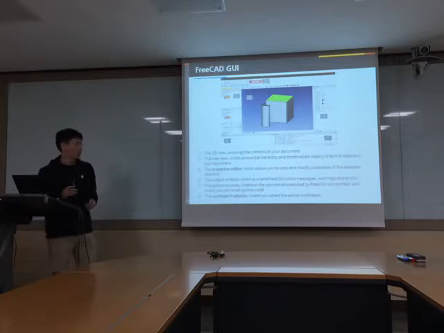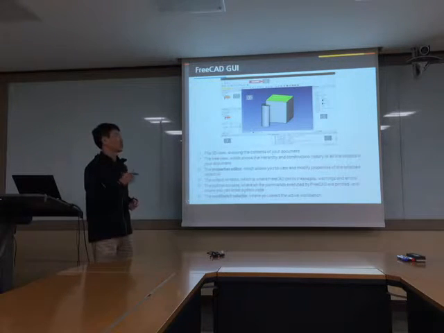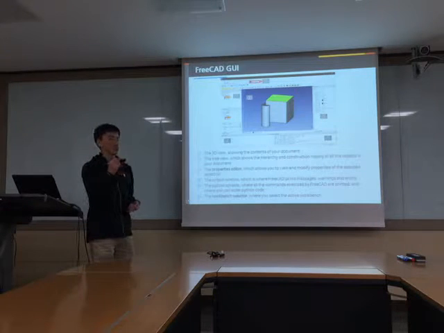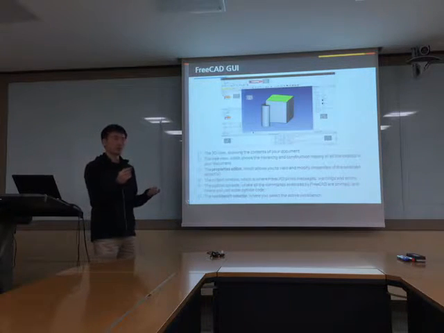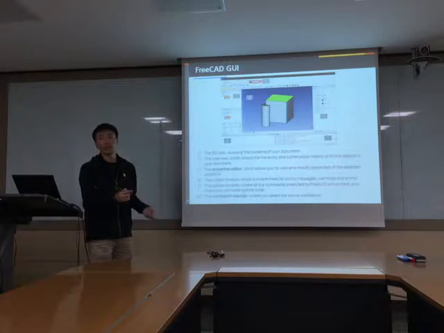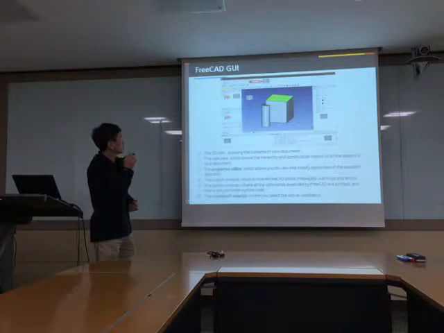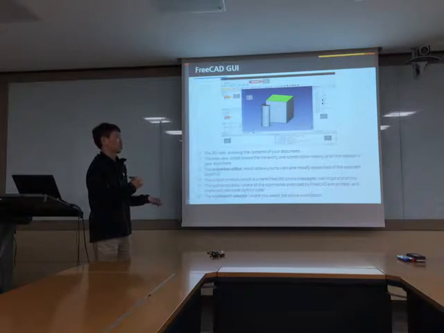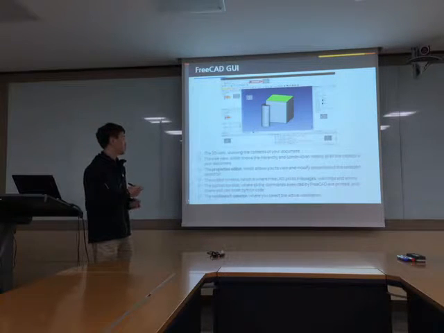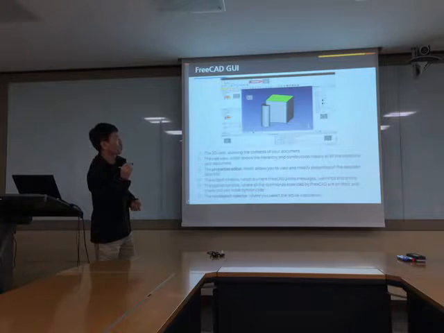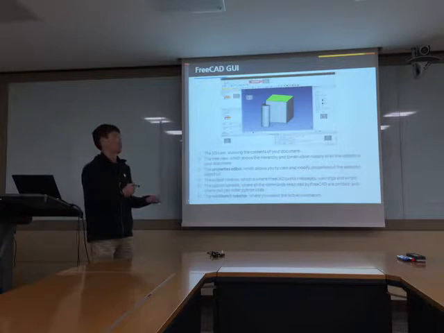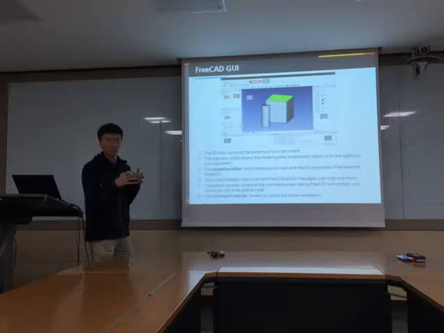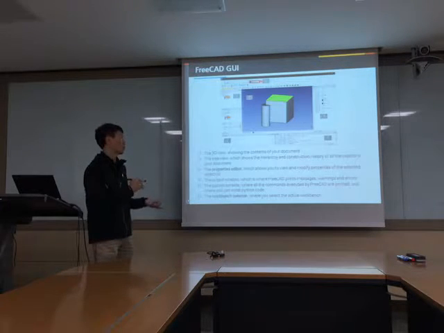And I will briefly explain the FreeCAD GUI. This section is the 3D view, which shows the content of your document, macro file and models. This shows the hierarchy and construction history of your result. This is the property panel for colors, text, size of text, and some information.